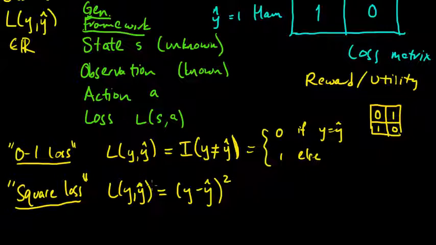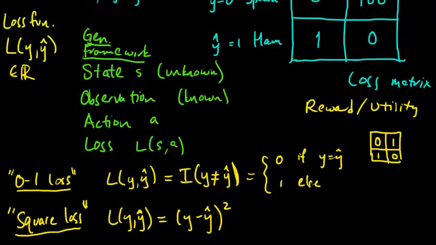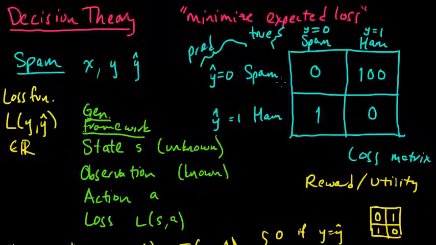So those are a couple of examples of loss functions, and this was just a very simple example to illustrate why taking the loss function into account is important when you're thinking about what you really are trying to accomplish with the system you're building, the classifier you're building.